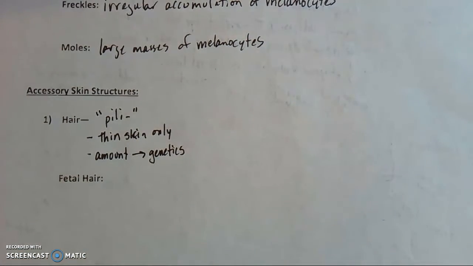So baldness, thin hair, all of those things tend to run through genetics. The amount of body hair that somebody may have is also typically genetic. But everybody has hair on their thin skin at one point in development, and sometimes that goes away.